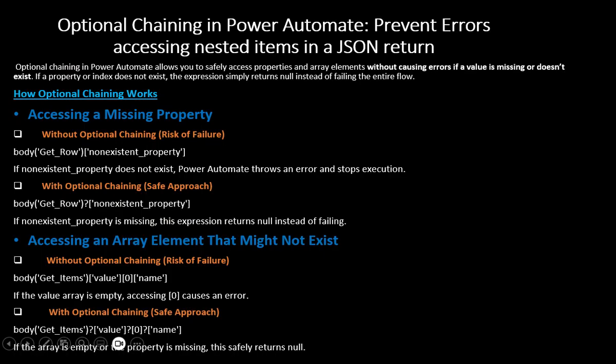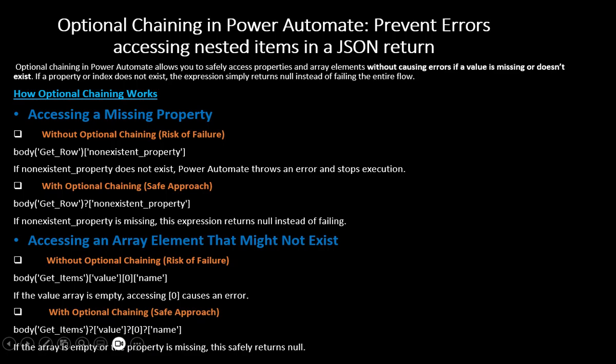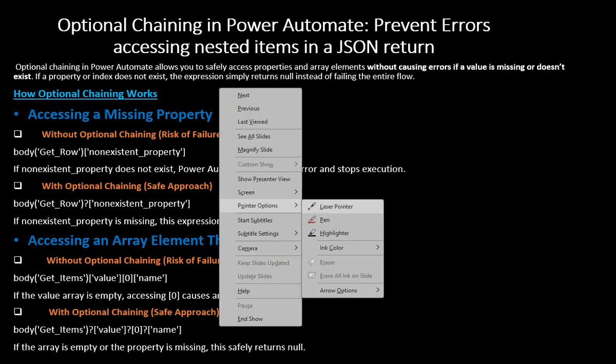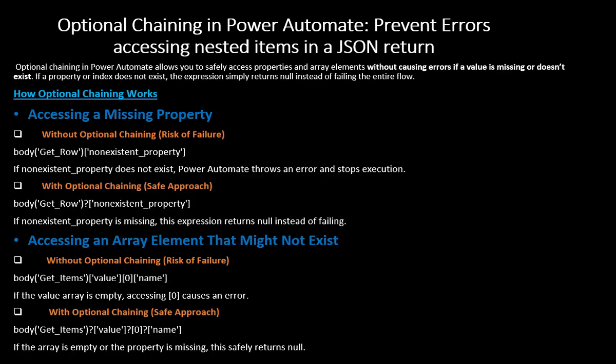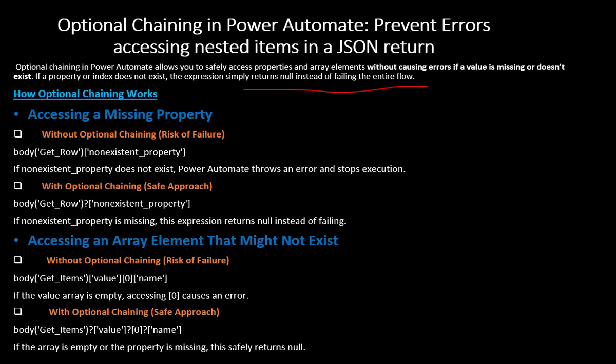Now coming to an important concept, getting the values of a JSON property. Optional chaining means you are handling the null values. If you don't handle the null values, it will fail in parse JSON, or if you are accessing the values manually, I mean using some expression.